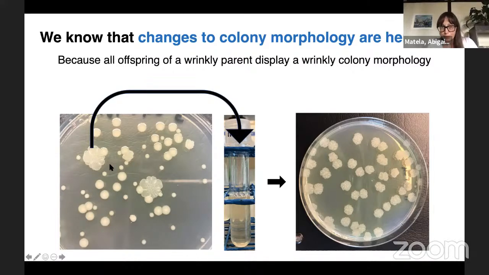So what we want to know is if what the bacteria are passing on to their offspring is their DNA, right? That's where you're getting that heritability. So if we grow one of these wrinkly colonies overnight and then plate them, we can see that all the offspring then look identical to their parents.